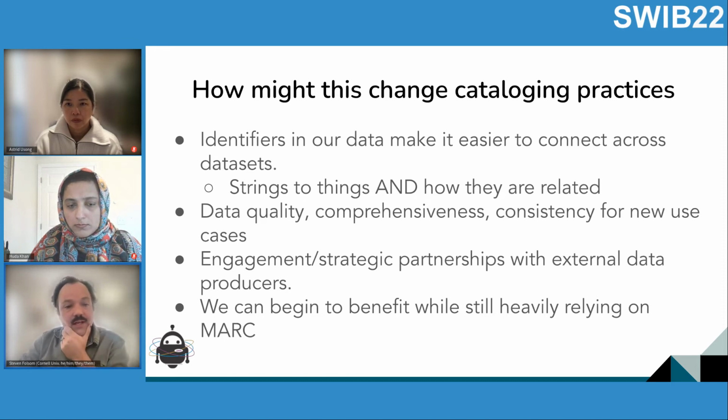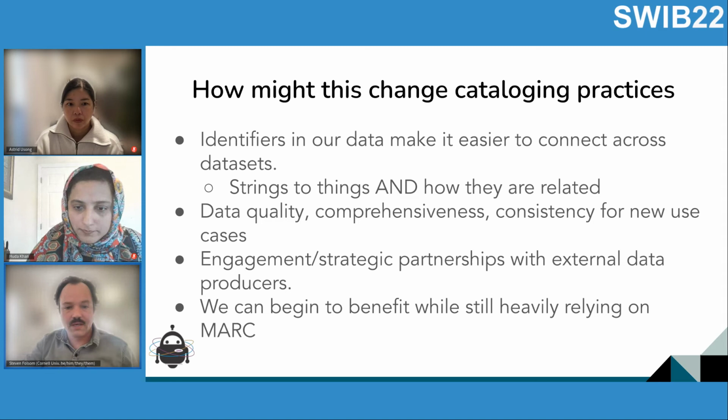We also are going to have to engage in strategic relationships with these quote-unquote external data producers, understanding that we could help in minimizing the harm and strategically prioritize different areas for active improvement.